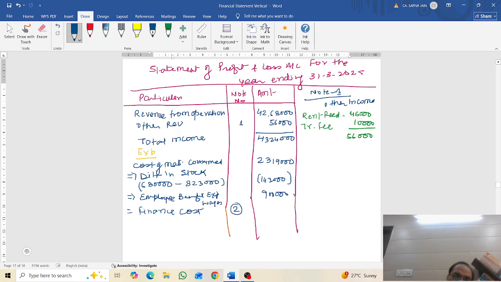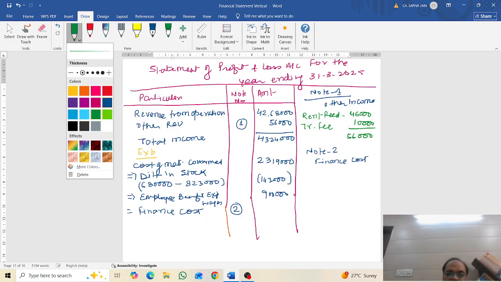So now we will prepare note number 2, because two types of interest are given in the question. For finance cost, two types are given.